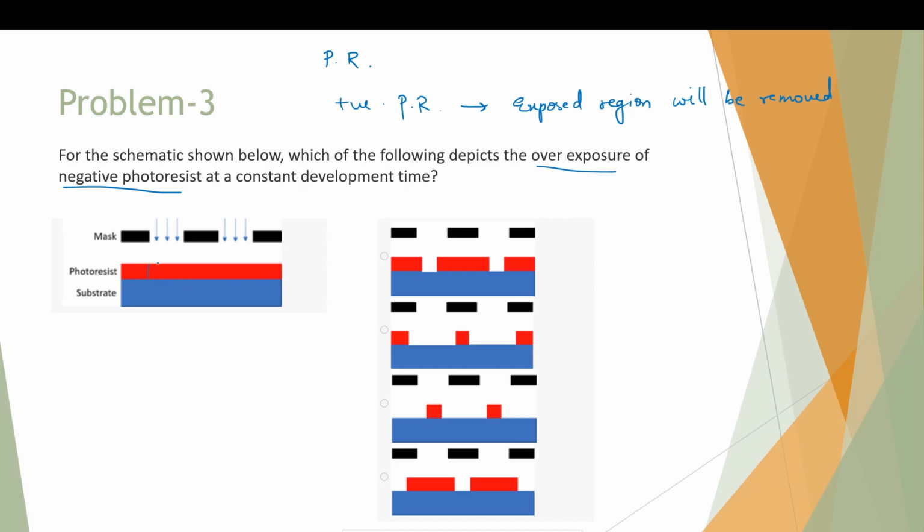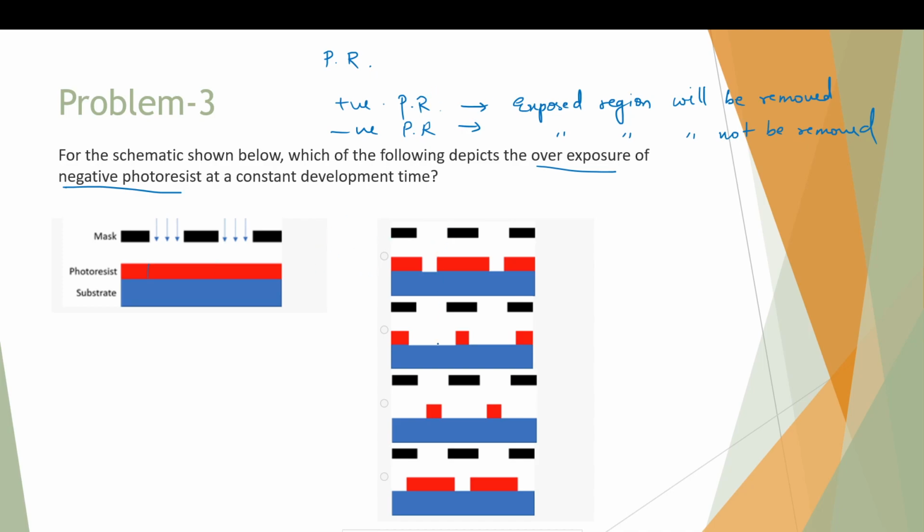It's the opposite in case of negative photoresist. In negative photoresist, the exposed region will not be removed, and everything else will be removed. Only that portion will stay there and get hardened, and the rest of it will be dissolved in the developer and go away. One thing to understand is it won't be removed just by exposure; we have to also develop after that.